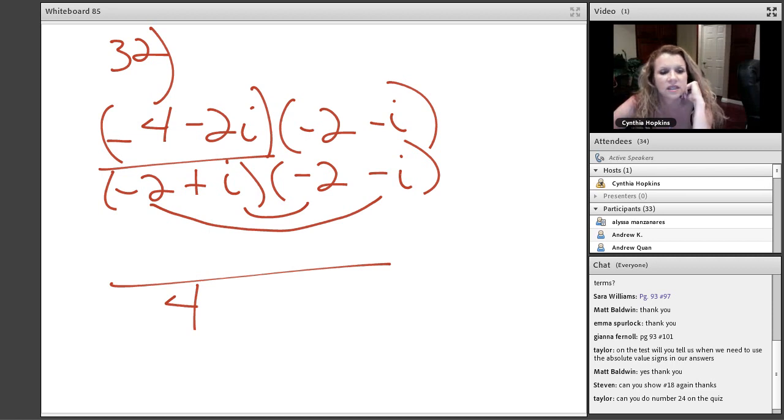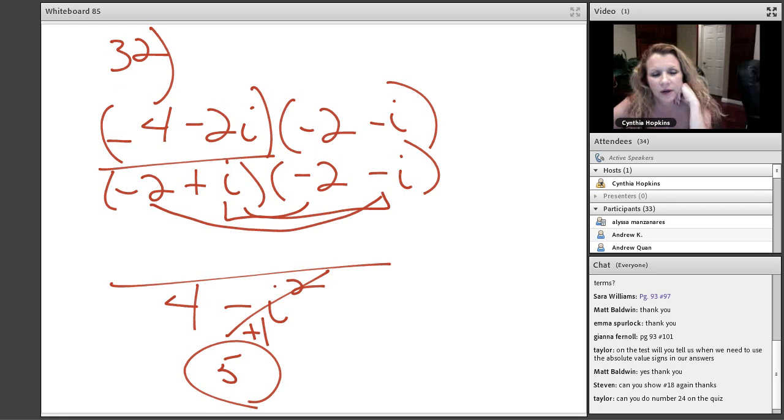So they are obviously going to cancel. Then I just have my last step. The most common mistakes are made here. What do I get from my sign? I get a minus sign. What do I get from my i times i? I get an i squared. So what is negative i squared? That's right, it's +1. So 4 plus 1, I have 5 in my denominator.